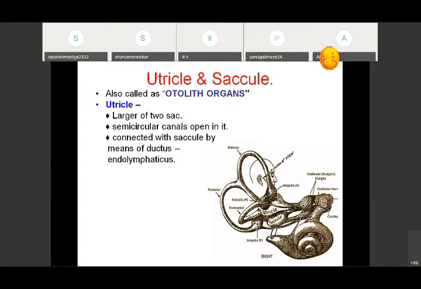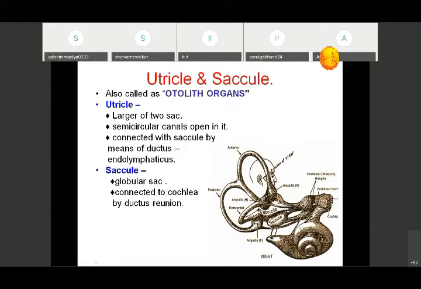Now the utricle is the larger of the two sacs. The semicircular canals open into it, and it is connected with the saccule by a duct called the endolymphatic duct. The saccule is a globular sac and it is connected to the cochlea.